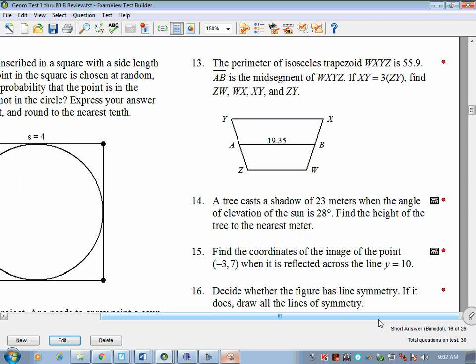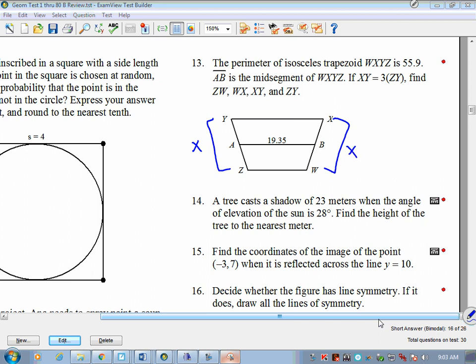All right. So where do we begin? Anybody know? Probably not. Okay. All right. So we know that our perimeter is 55.9. XY is 3 times ZY. Okay, so let's refer to this length here as x. We know it's an isosceles trapezoid, so that has the same length, correct?